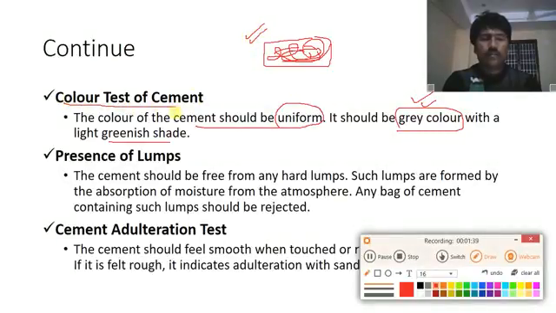And the next test is the presence of lumps. If you hold this bag and place your hand inside the bag, you should not be able to find any lumps. Lumps in the sense, big solids of this size. Generally, the cement should be of very fine particles.